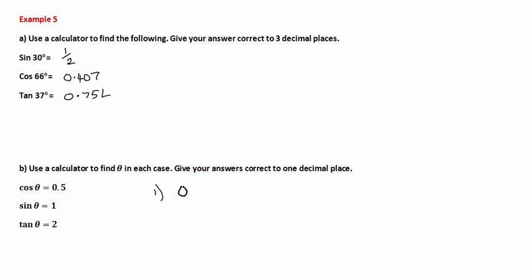So look on your calculator, the angle should be equal to the cos inverse of a half. If you do that calculation, you should find that the angle is 60 degrees. So look for this button on your calculator. Put the ratio into here and you'll find the angle.